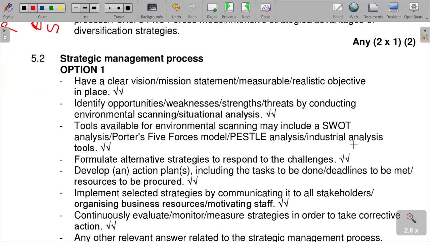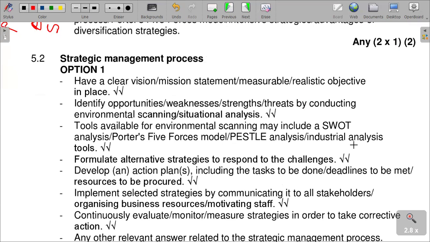So the question is saying, explain the strategic management process. One option is to explain that you have a clear vision, mission statement, and measurable or realistic objectives in place.